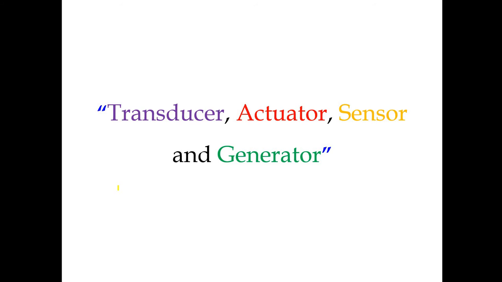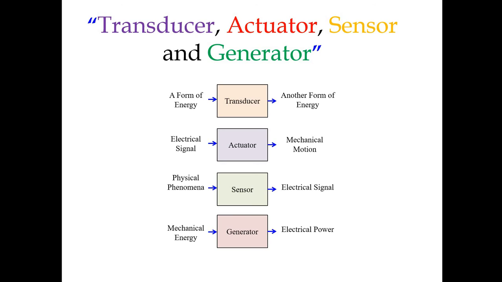Today we will talk and highlight the difference of the transducers, actuators, sensors, and also the generator. As an engineer, especially for electronic and electrical engineers, and I guess also for telecommunication engineers, you have come across these terms: transducer, actuators, sensors, and also generators.